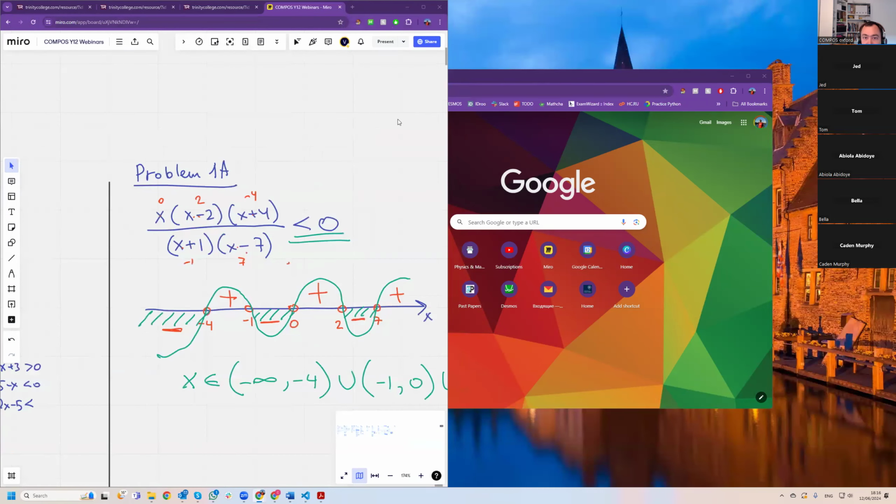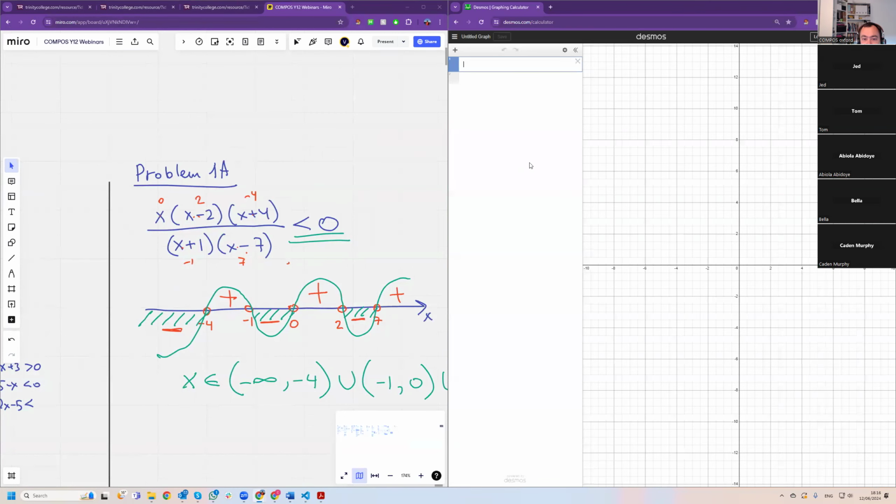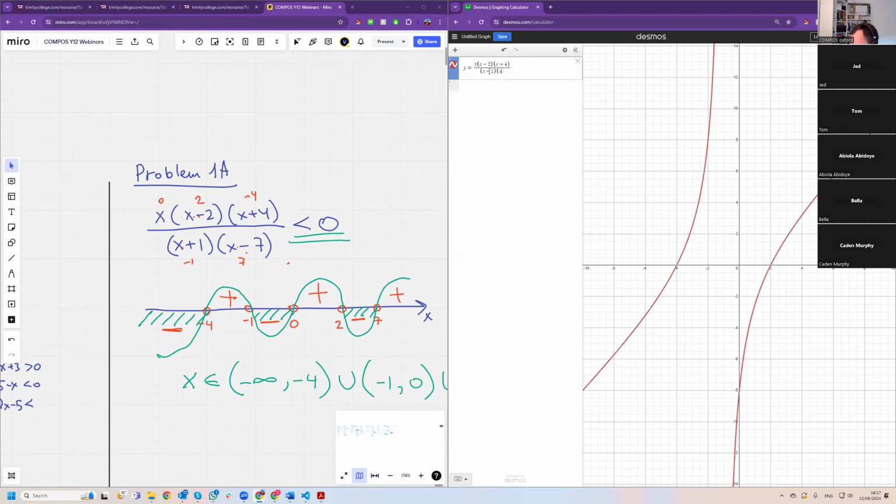Okay, so that demos, if I do y is equal to the fraction: x minus 2, x plus 4, and then x plus 1, bracket x minus 7.